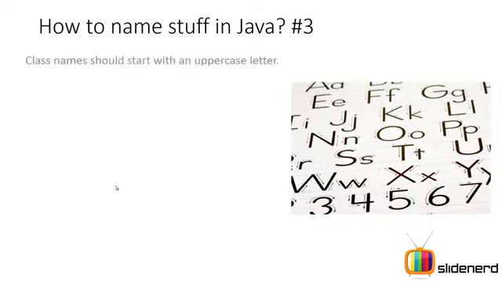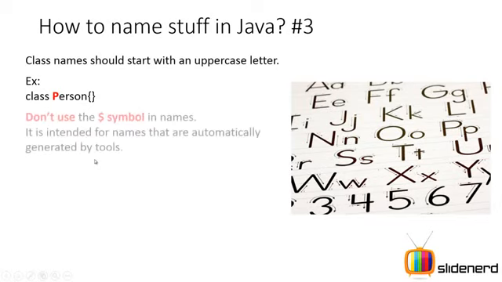So now, how to name classes in Java? Class names should start with an uppercase letter. For example, you say class Person, starting with a capital P. Don't use the dollar symbol in names. Now, there are programs that generate code for you, like automatic code generators and stuff.